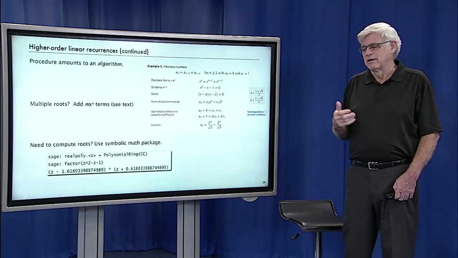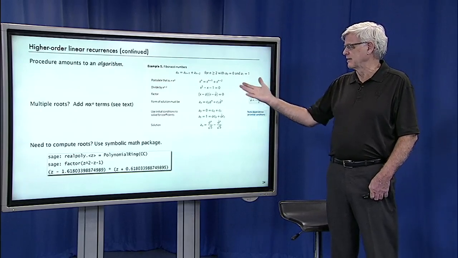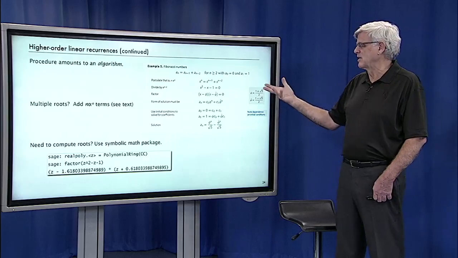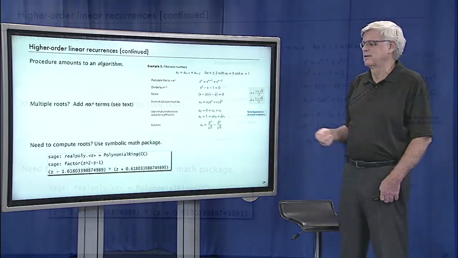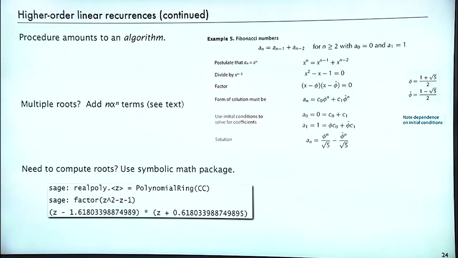So what you wind up is needing to compute roots of equations quickly, and this extends to higher order recurrences. And so that's an example nowadays where you use a symbolic math package to go ahead and compute the roots.